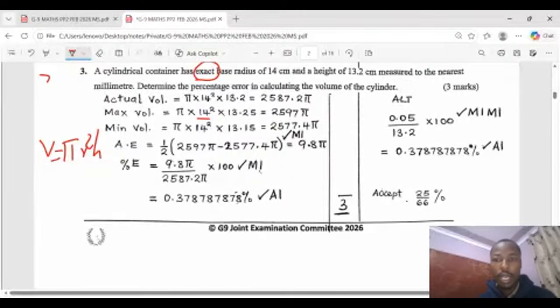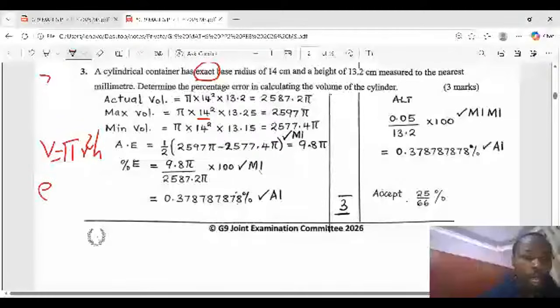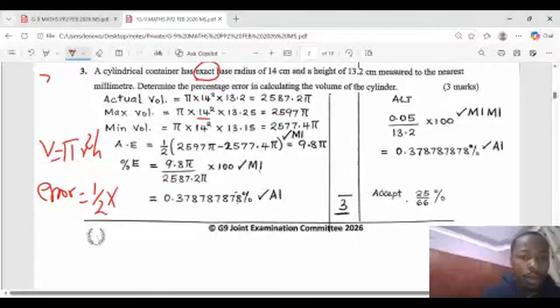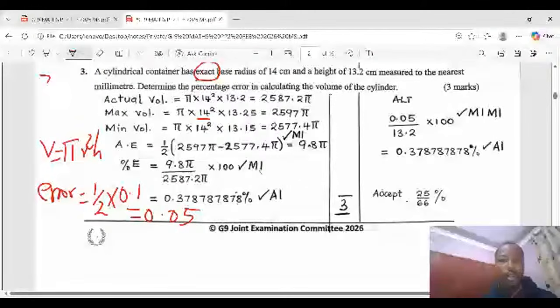It has 13.2. That is one decimal. The error now will be just multiplied by 0.1. So the answer you get here is 0.05. Height here.